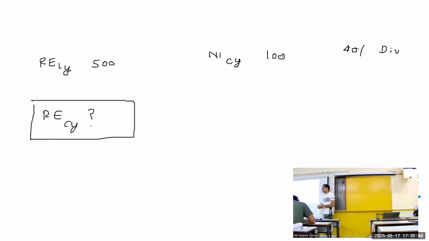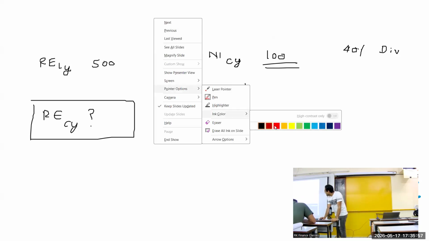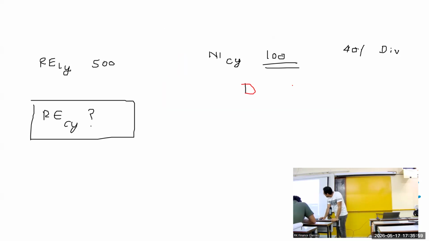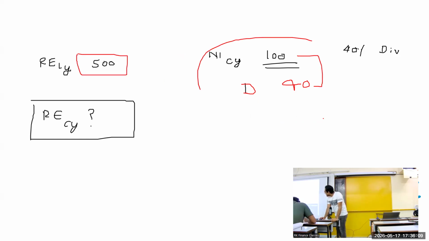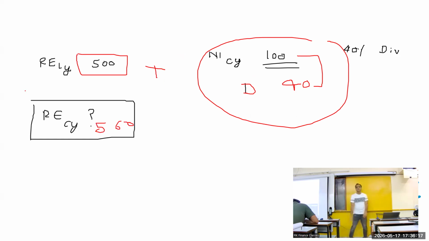So how much dividend did they declare? 40 percent of 100. So out of 100, they declared a dividend of 40. So how much was retained? 60. And don't forget the earlier 500. So this year's 60 has been retained plus 500 of last year. Retained earning becomes 560. Is that clear?